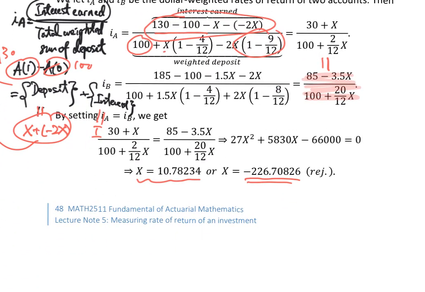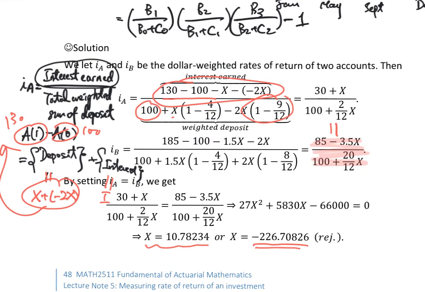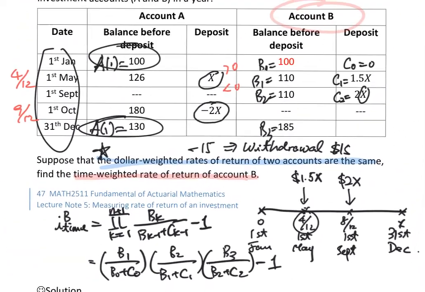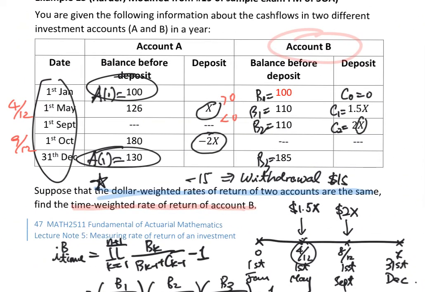No. But in this calculation, we finally will reject the second one. Why do we reject that? Let us look at this table again, and assume the S is really equal to minus 226.